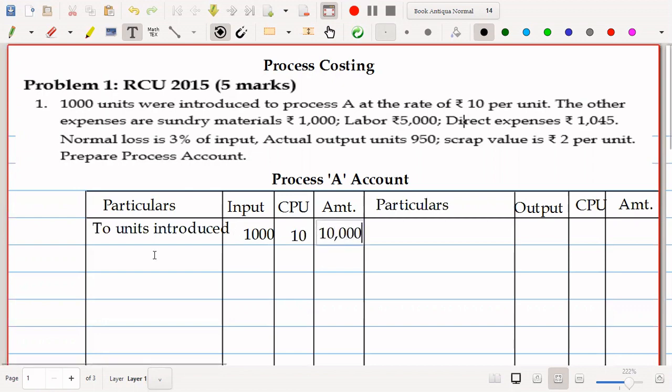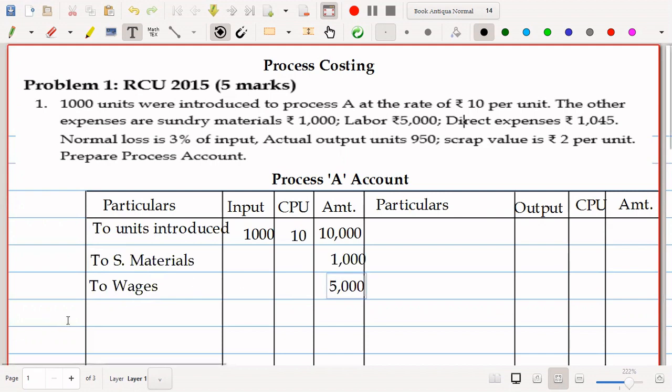And we shall take all the expenses on this side. To sundry materials, the amount given is rupees 1000. And next, to direct labor, wages or labor, the amount given is 5,000.